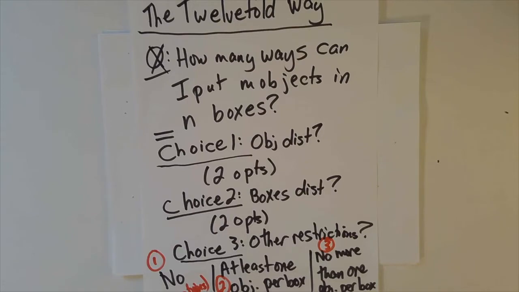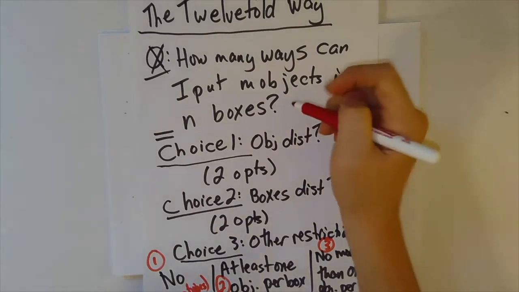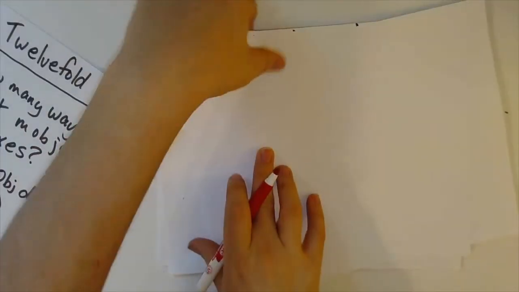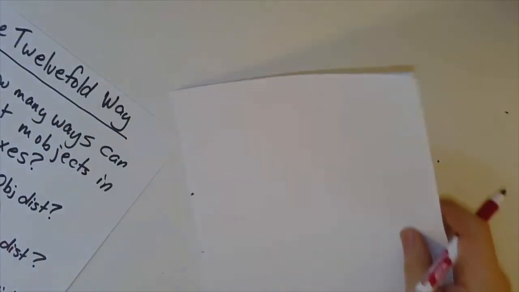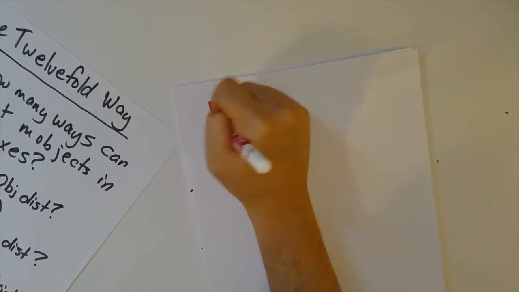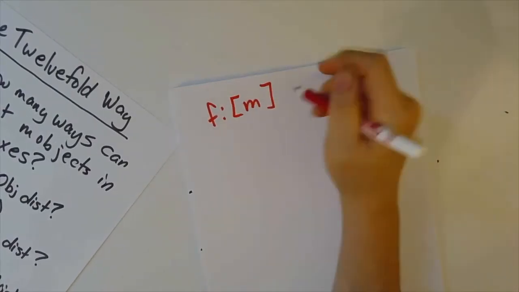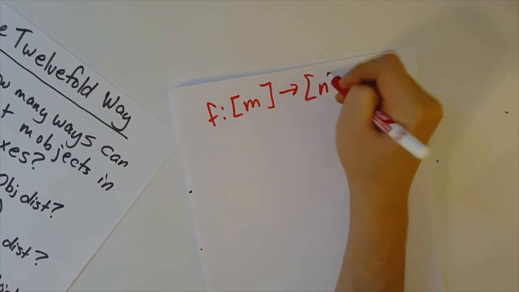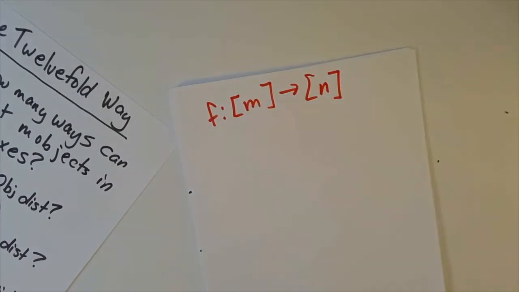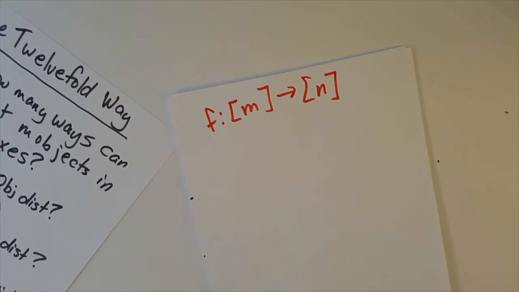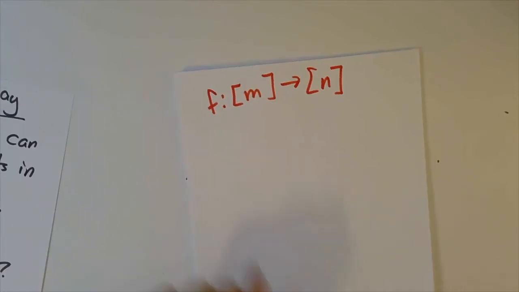Which means, by the way, that we could really frame all of this in terms of counting functions from a set of m distinguishable objects to a set of n distinguishable boxes. So the distinguishable box in each category is really counting functions.